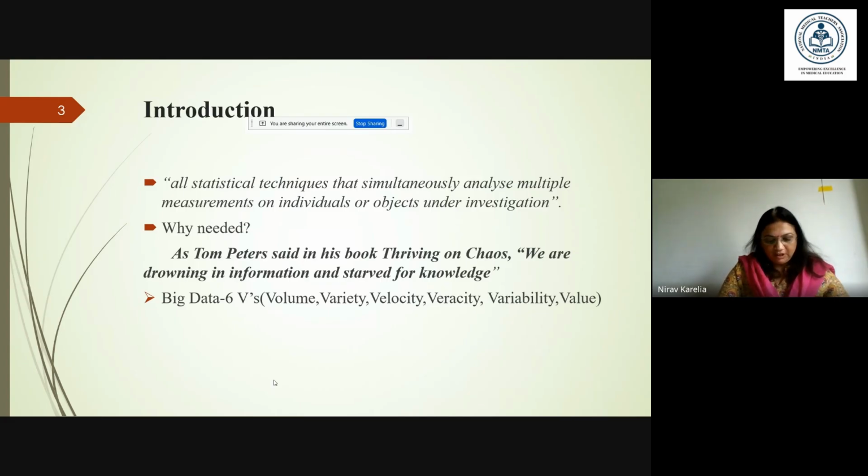And value is in terms of the importance of the information. So you can see there is big data in the form of volume, variety, velocity, variability, value, and veracity.